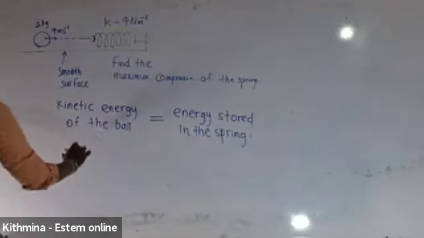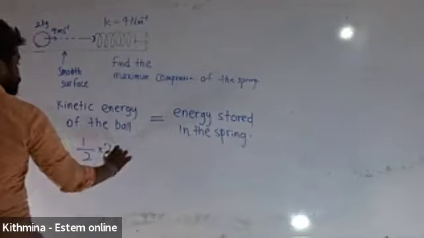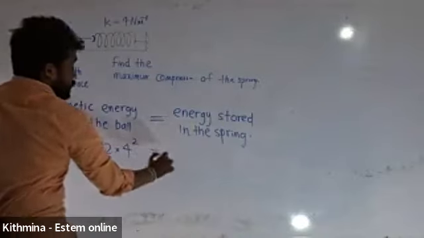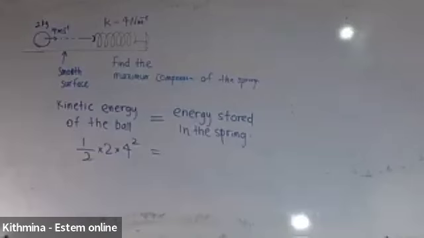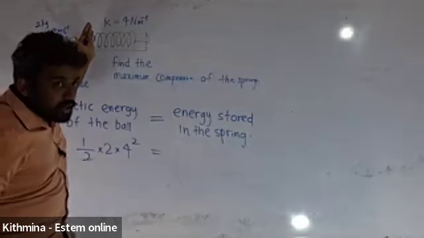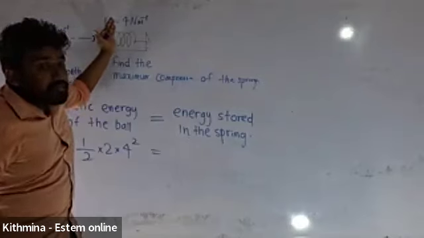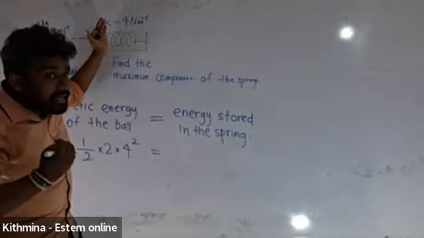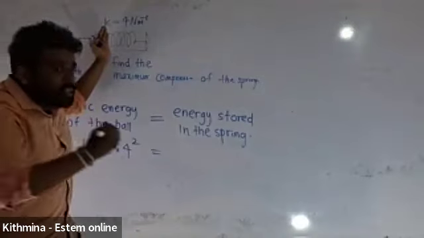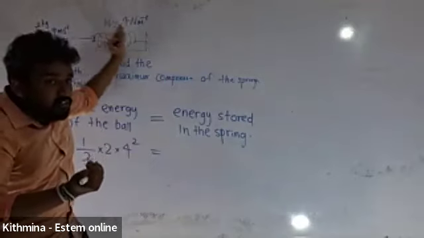The kinetic energy of the ball is half times 2 times 4 squared. After hitting the spring, kinetic energy is decreasing and converting to the elastic potential energy of the spring.